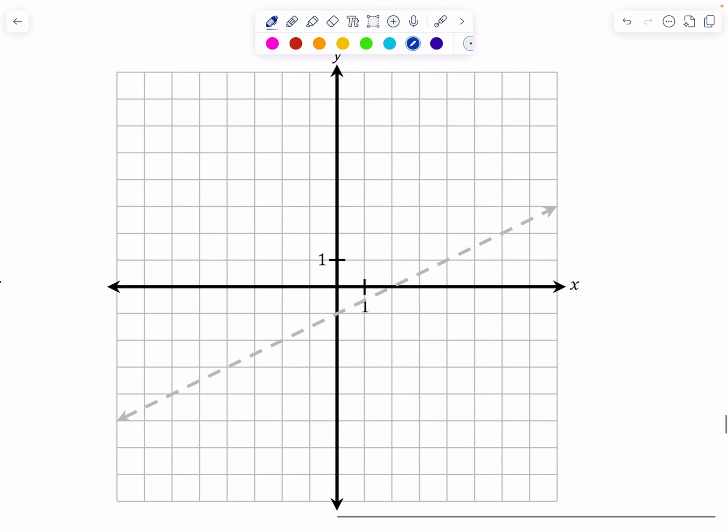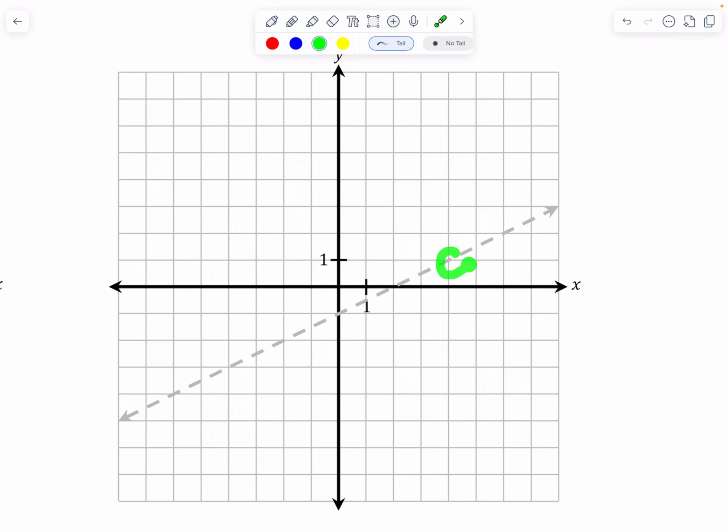Looking at this, over here there's a y value of 1, and the reciprocal of 1 is itself. Over here, there's a y value of 2, and the reciprocal of 2 is 1/2.